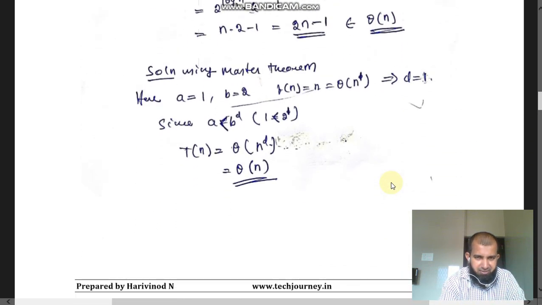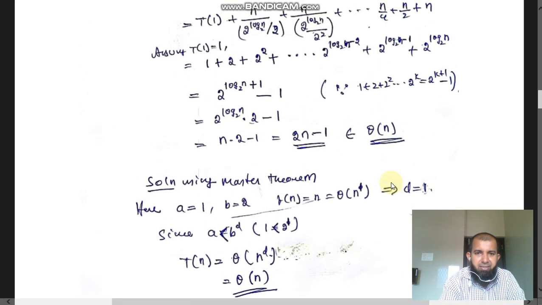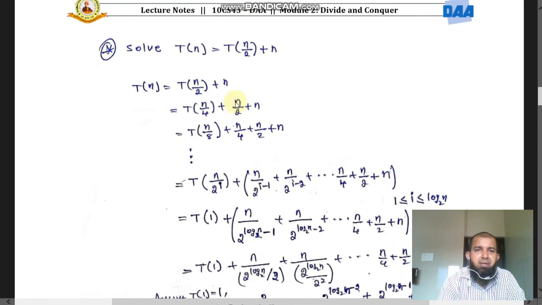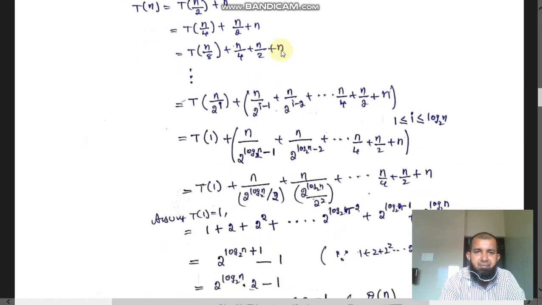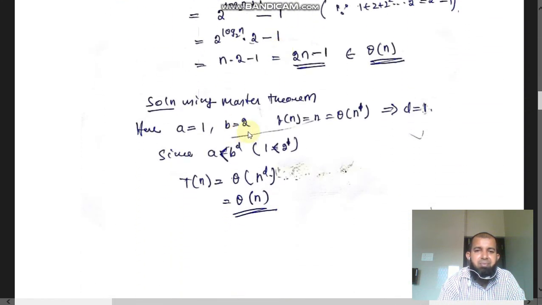Then solve using the master theorem. What is the a value? What is the b value? The a value is 1, the b value is 2, and the d value is 1 because n is present here, n to the power of 1. So a is 1, b is 2, d is 1.